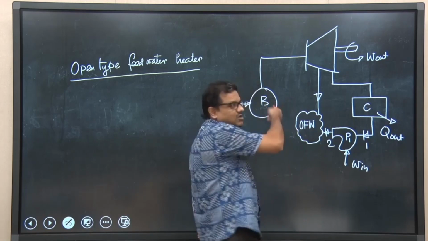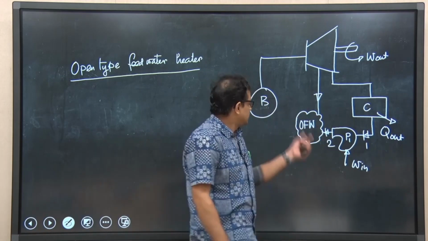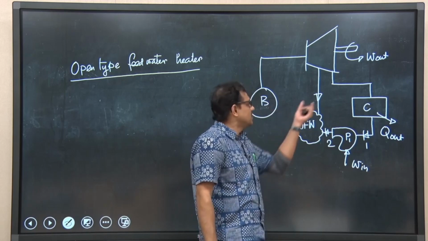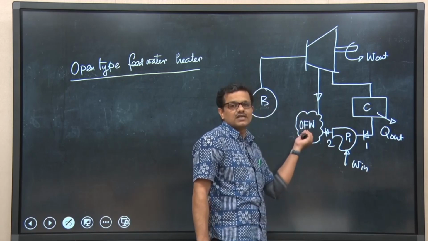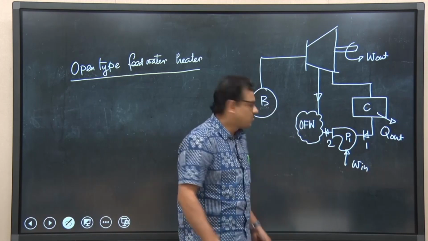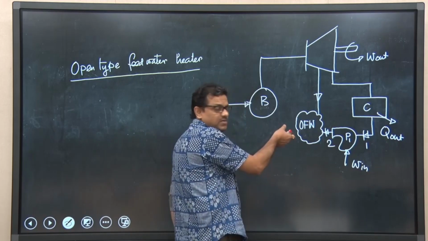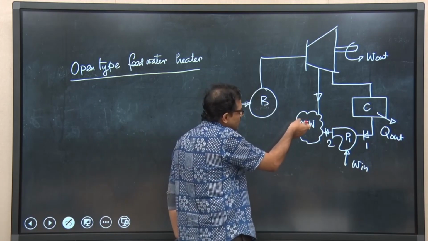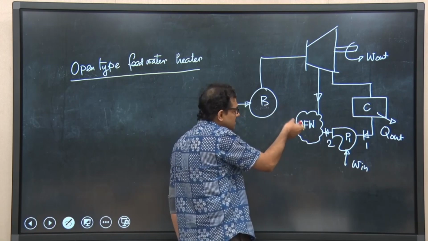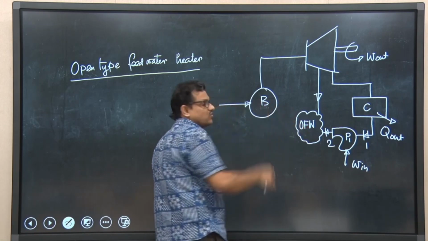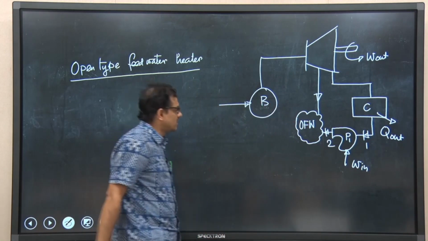The boiler is operating at a pressure, and that is definitely not the pressure at which this mixture is. So, we need another pump essentially to raise the pressure of the mixture to the boiler pressure.